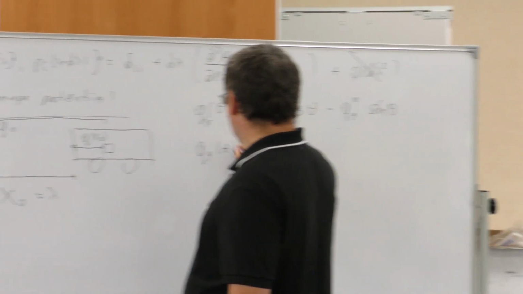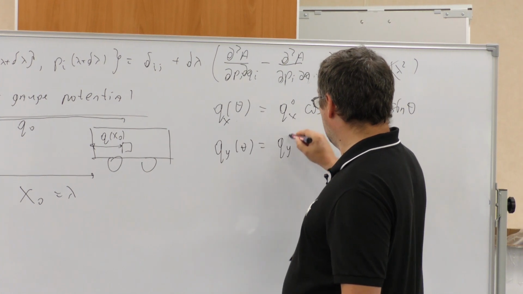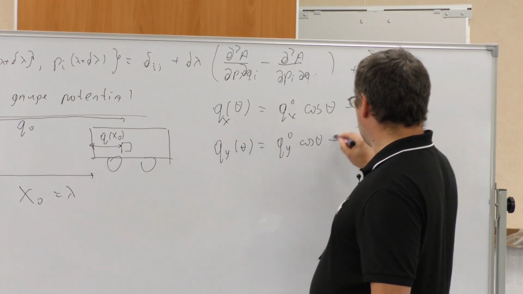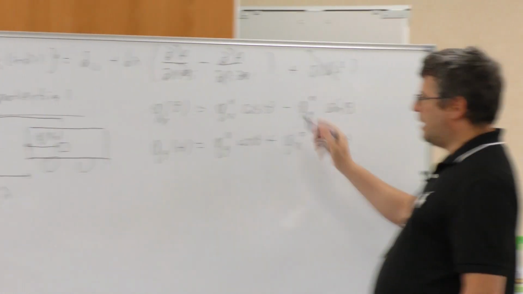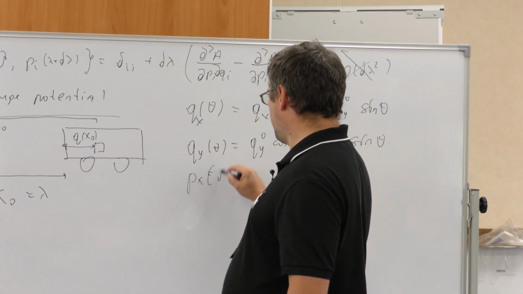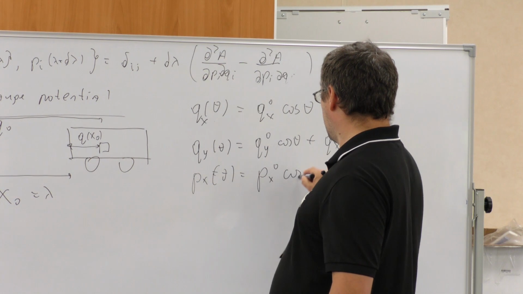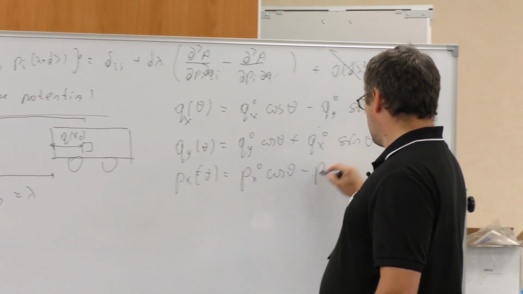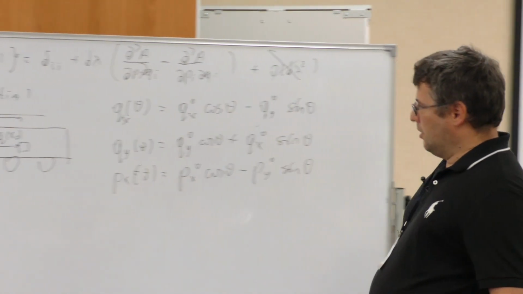And qy of theta is equal to qy naught cosine theta plus qx naught sine theta. And the same for p. This is an example of an orthogonal transformation, which I mentioned before: px naught cosine theta minus py naught sine theta, and so on.